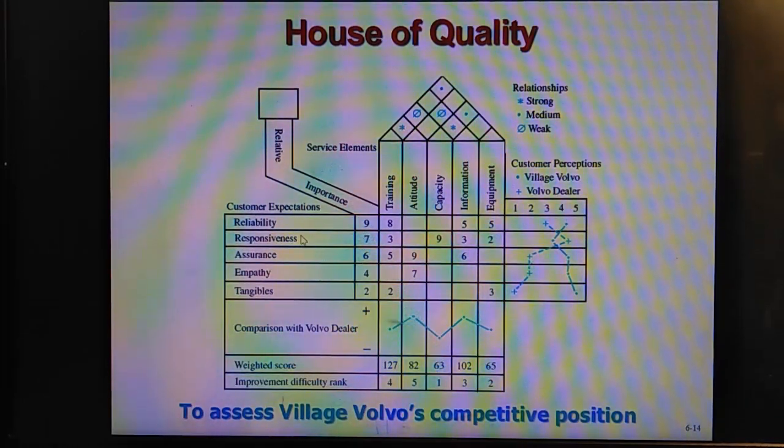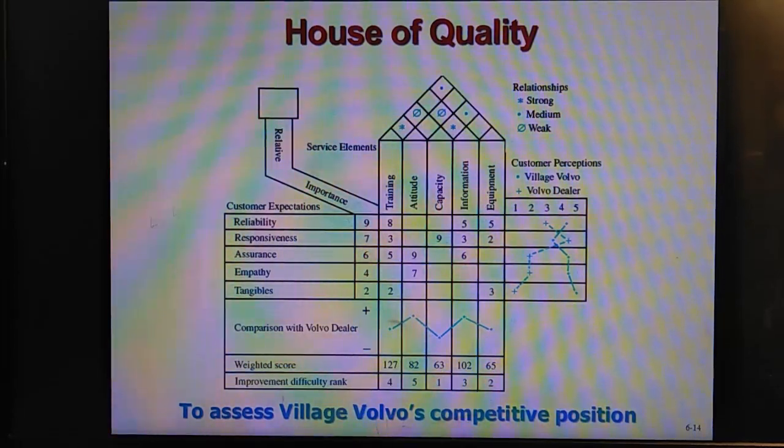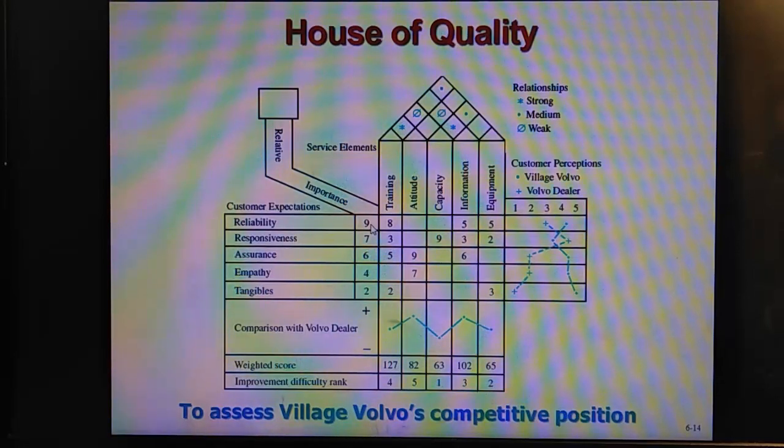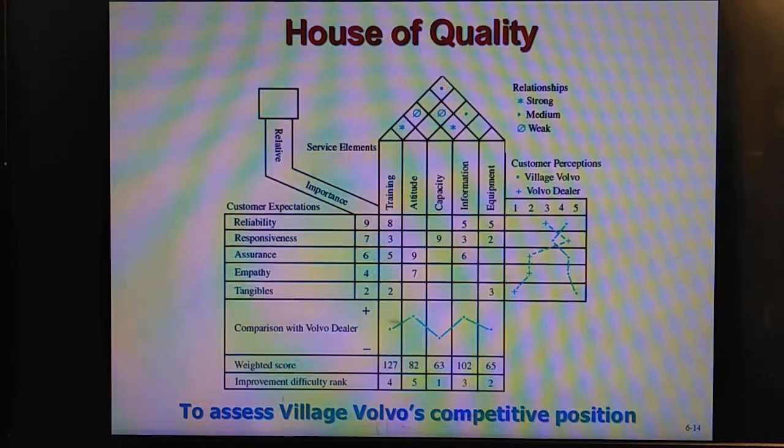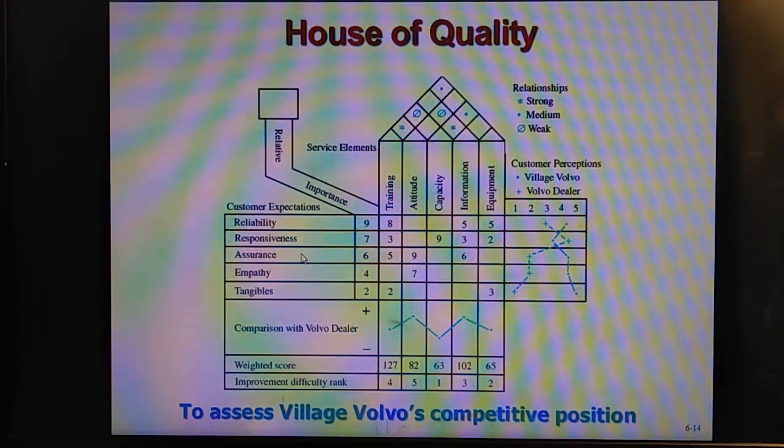On the customer expectation, you could put the evaluation from 0 to 9. So you run the assessment, for example, reliability is very good, at 9 for village Volvo, and responsiveness, for example, 7, empathy, and also tangibles, respectively.